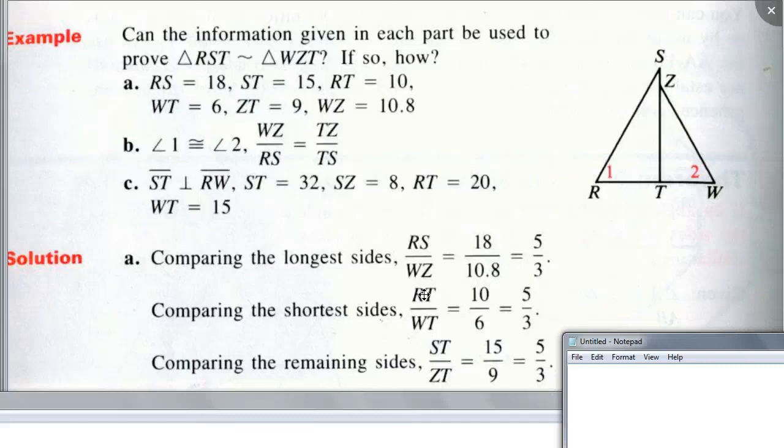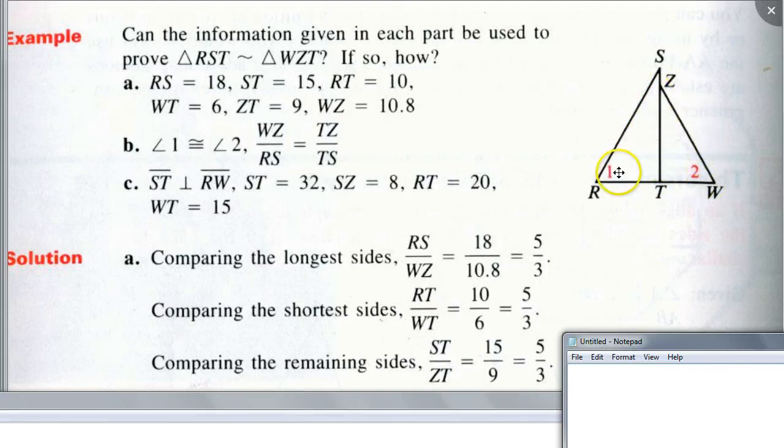Why not? Who can tell us? Who sees it? It's sort of tricky because it looks like they gave you the angle and then they gave you the sides in proportion. Yes. Exactly. In other words, look at these two sides, WZ and TZ.